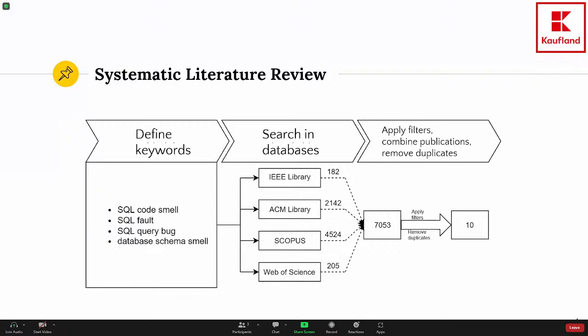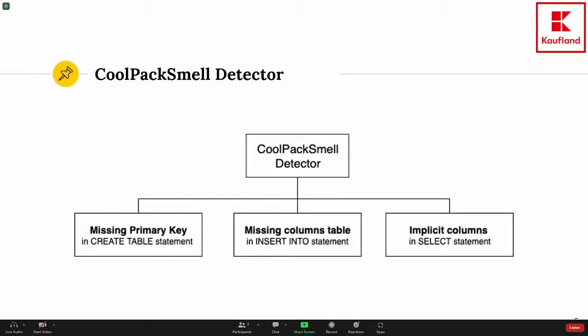Cortex Smell Detector is a tool that I've implemented using the SQL parser module from Python. It supports the missing primary key SQL code smell. That means that in the create table statement we don't mention a primary key definition.